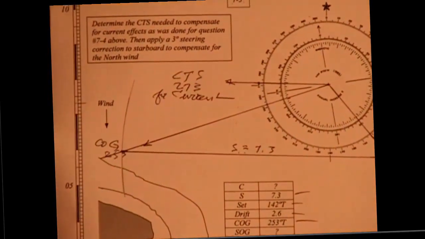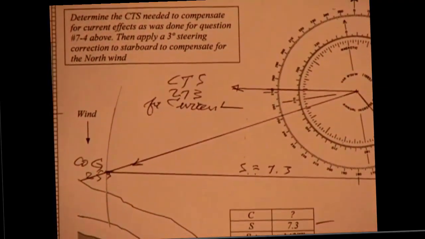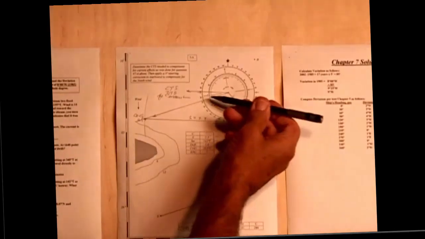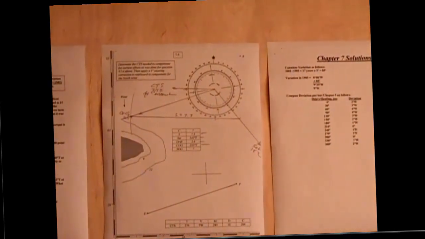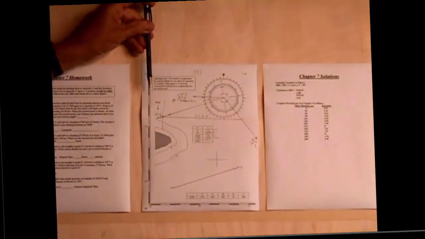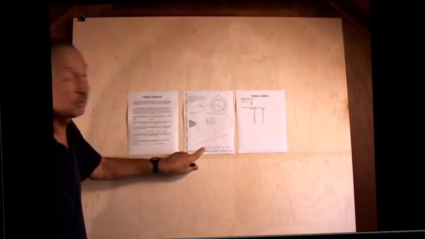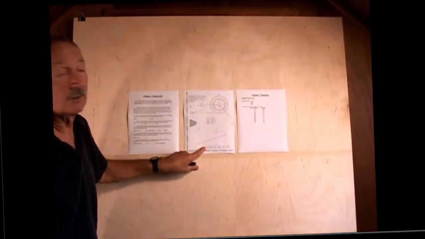It's hard to read that. Now, you remember I have a wind blowing though, and I have to compensate for that. Now, we're going to be steering in this direction, roughly in a westerly direction. The wind is blowing from the north, so the wind will blow us below our course line.